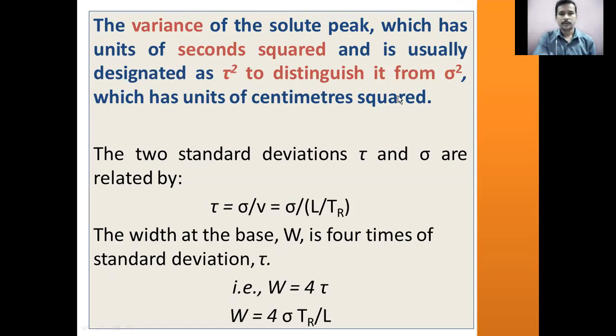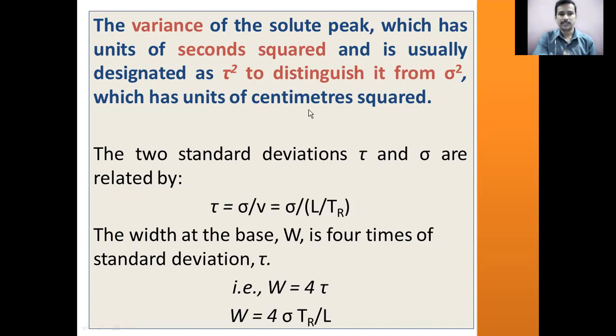Tau square. Why do we use this tau? In order to distinguish it from sigma square. We cannot use variance here, so it has to be distinguished. Therefore, we will use tau square. And this tau square will have the unit centimeter square. If we assume the baseline in centimeter, how long the distance occupied by each and every band, that is expressed in terms of centimeters.